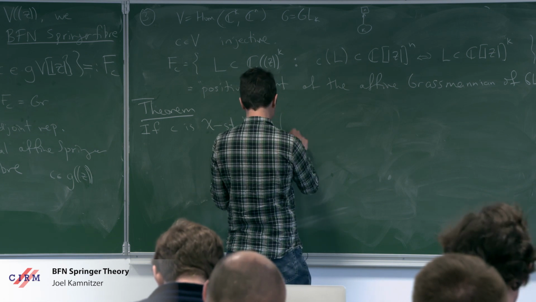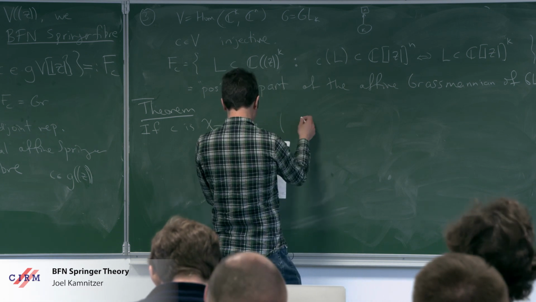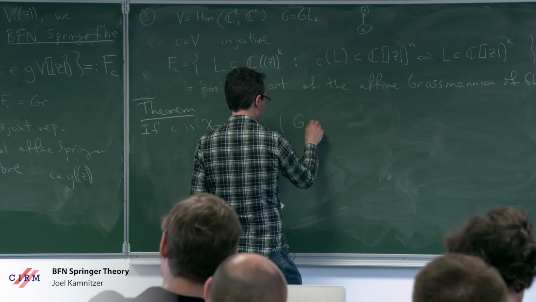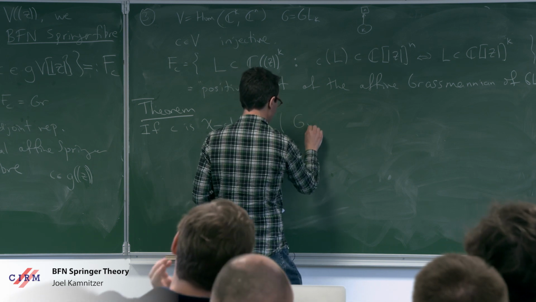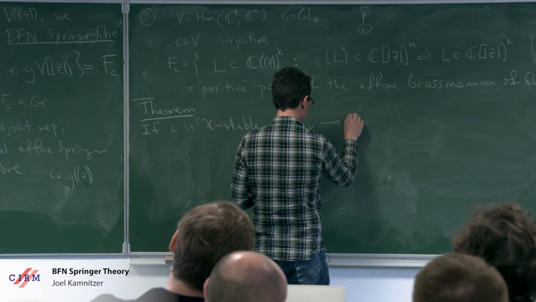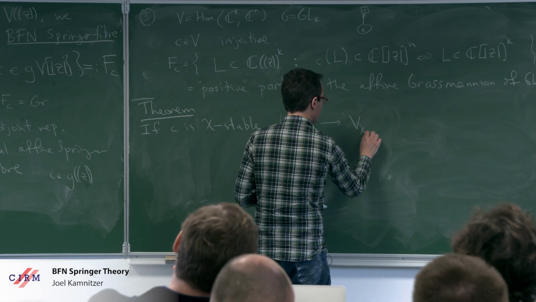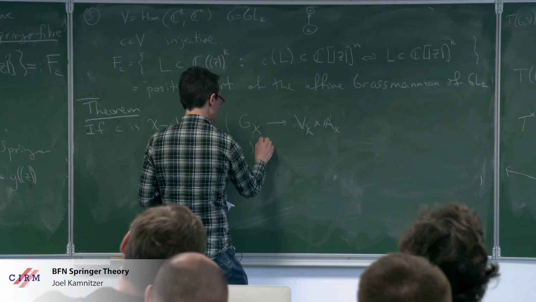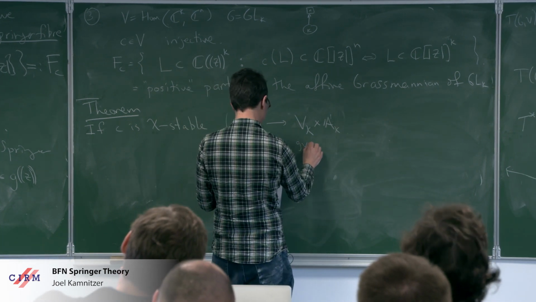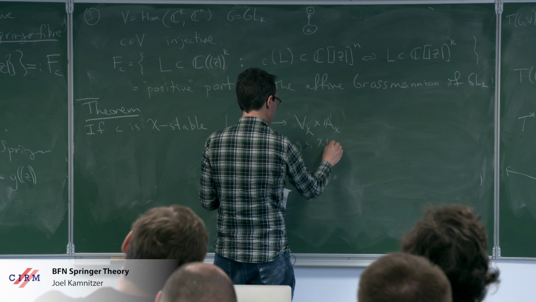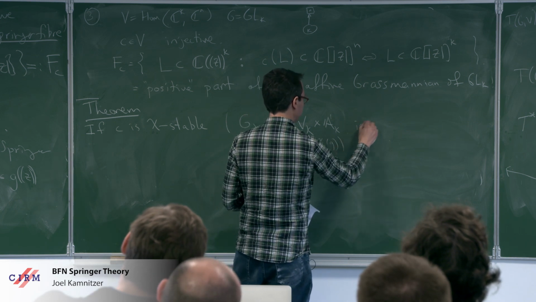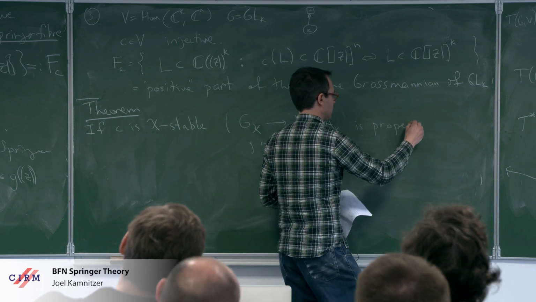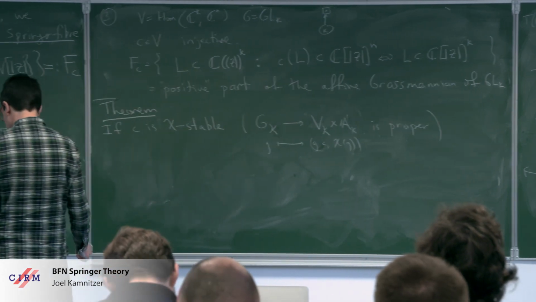So chi-stable means, over the field of Laurent series, I want that the map from G over the field of Laurent series to V cross A^1 over the field of Laurent series, given by g goes to (g acting on C, chi of g), to be proper. That's the stable. So if C is chi-stable.